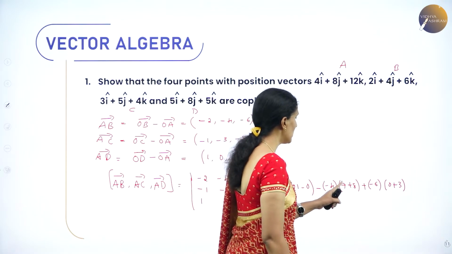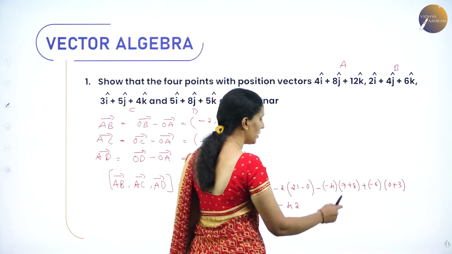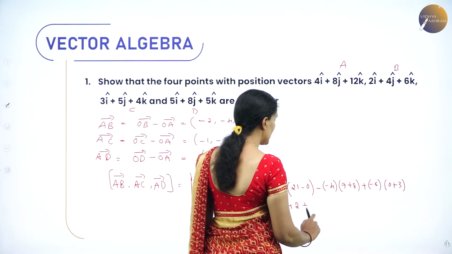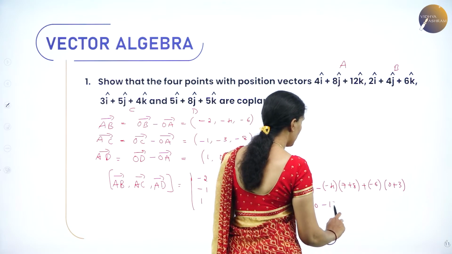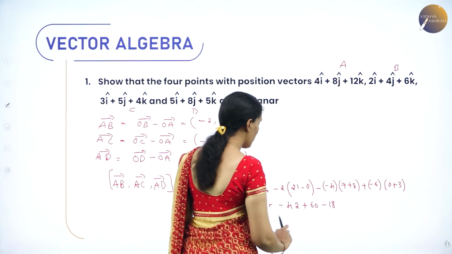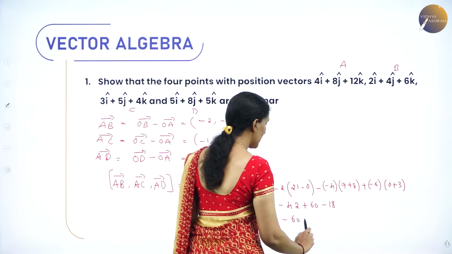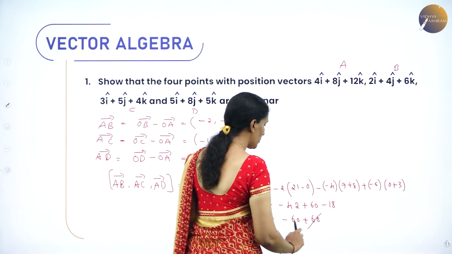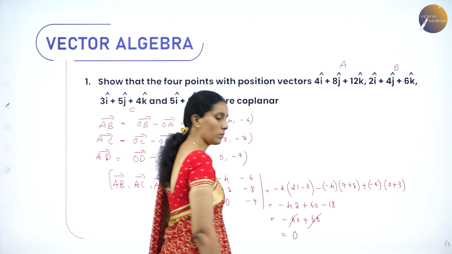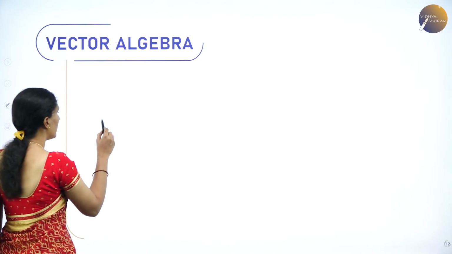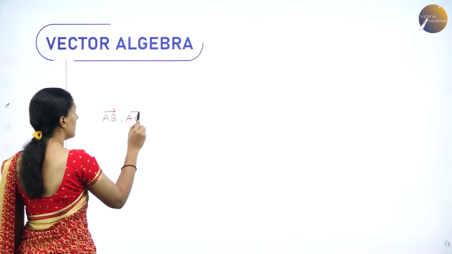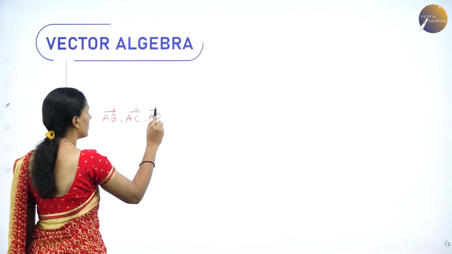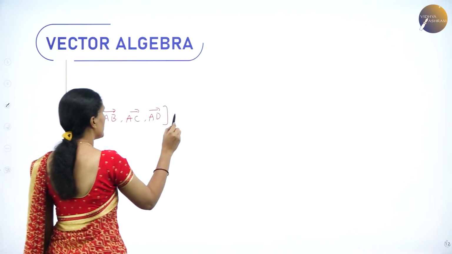Next we have 7 plus 8, 15. 15 fours are 60. Next we have -18. So -42 -18 is -60 plus 60, which gets cancelled. So 0. Thus we have got the value of [AB, AC, AD] as 0.